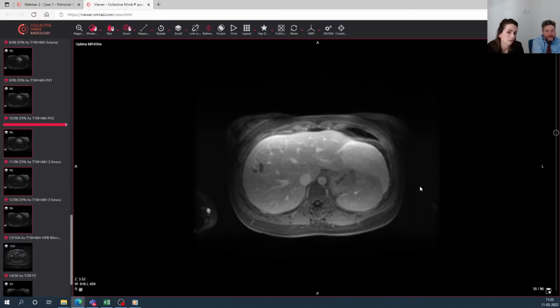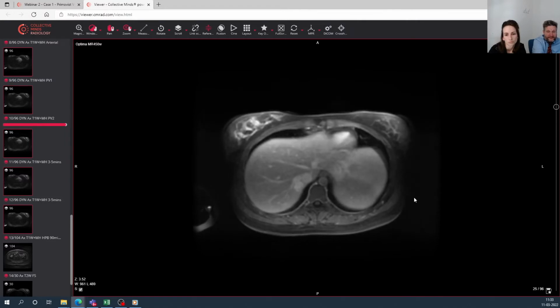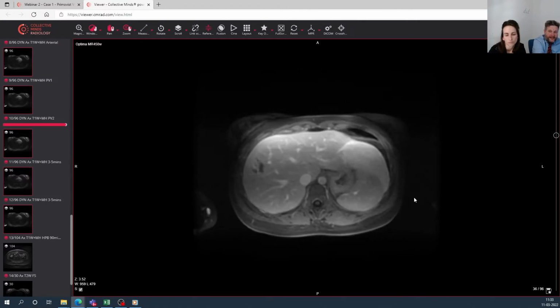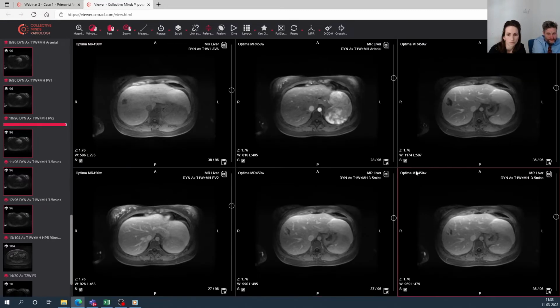Yes, inflammatory adenoma. And hemangioma can also harbor some vascular spaces, which enhance late. So this is a hypervascular tumor with gradual hyperenhancement in the 3 to 5 minutes phase.